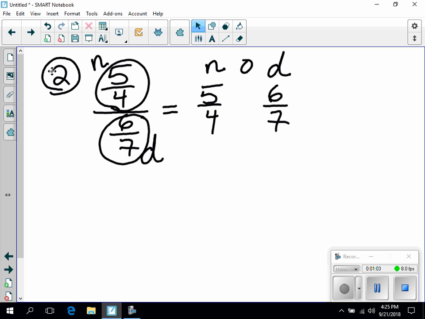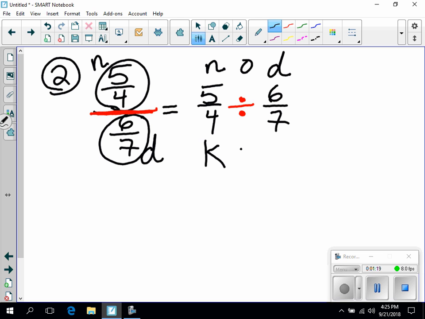The next step is to remember that the fraction bar means division. So instead of writing a fraction bar, we're going to record a regular division symbol. The next step is to write keep, change, flip, or you could record keep, change, reciprocal. We keep the 5/4.